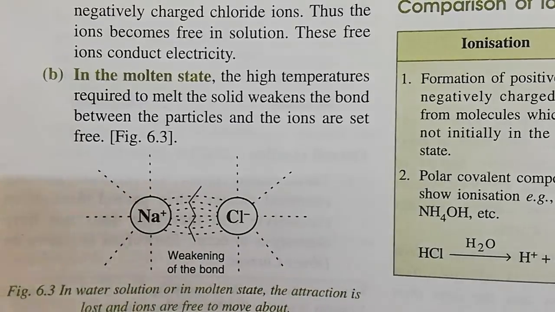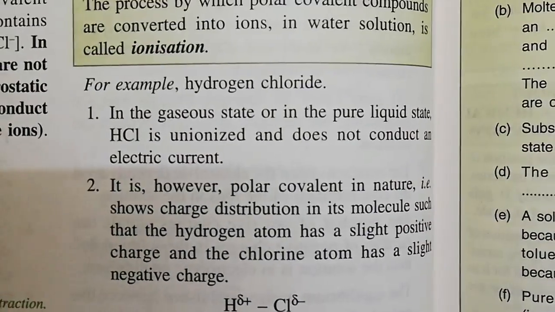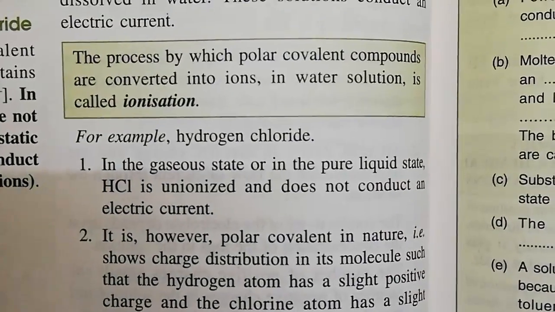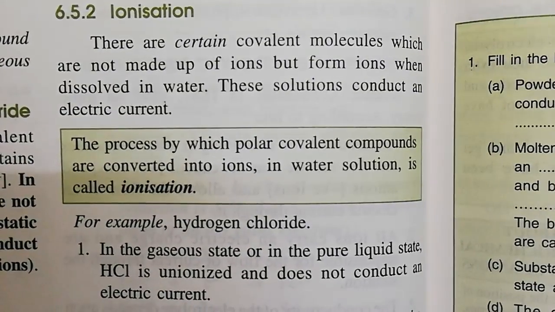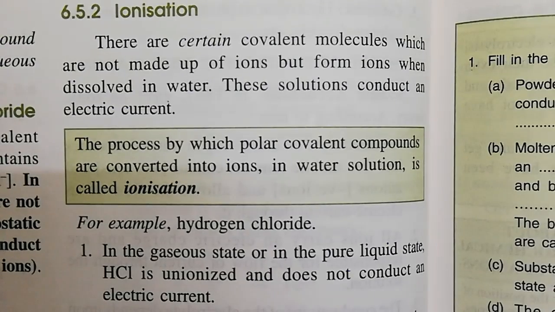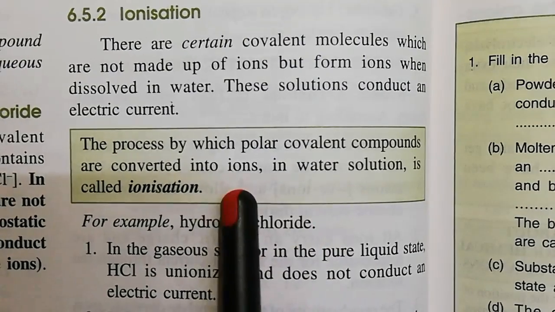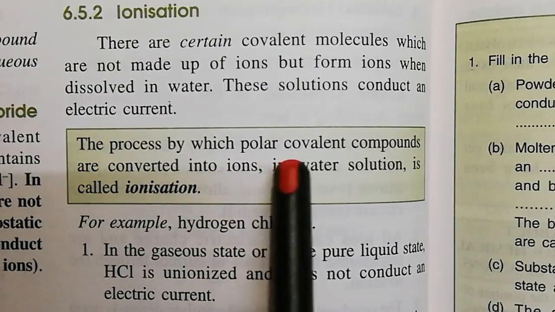Okay, in aqueous solution of NaCl, the electrostatic force of attraction between cations and anions is no more there. They get separated and surrounded by water molecules, and then there is separation of cation and anion. They are free to move in the aqueous solution and electrolysis is then possible.